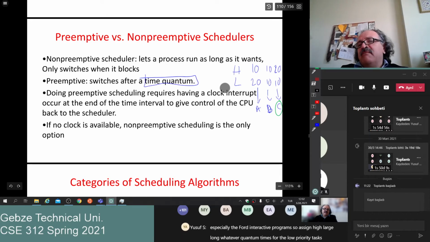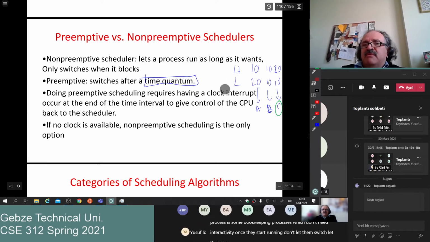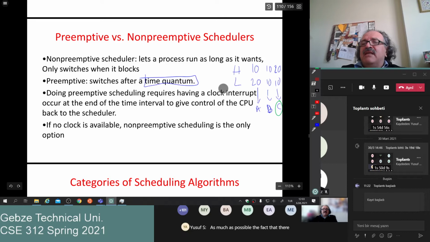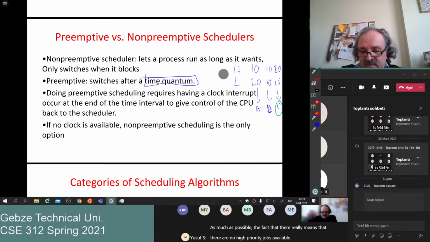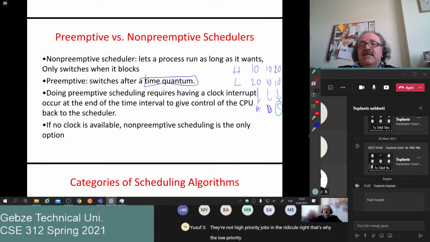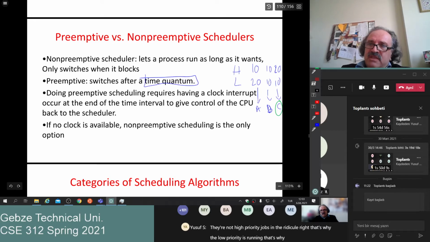Probably they are backup processes, some watchdog processes, some bookkeeping processes which don't need interactivity. Once they start running, don't let them switch. Let them run as much as possible. The fact that they are running means that there are no high priority jobs in the ready queue. That's why I would use this A part.